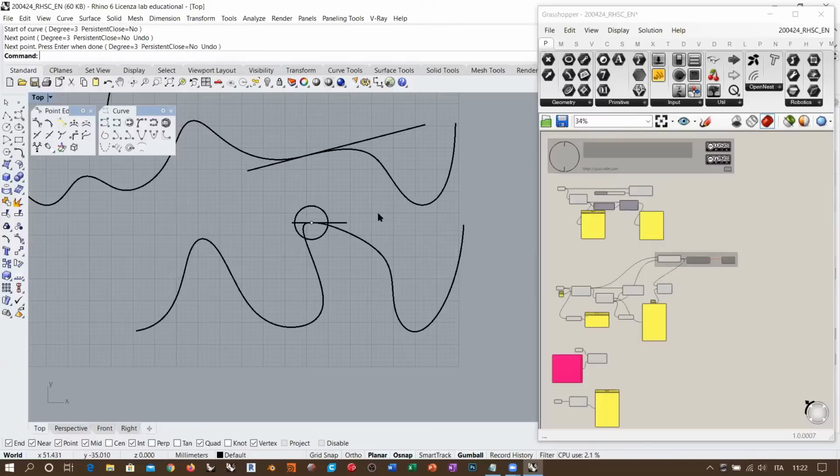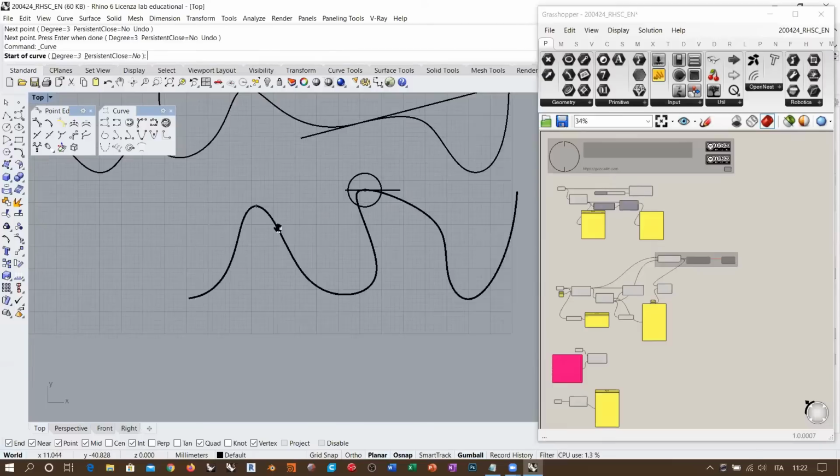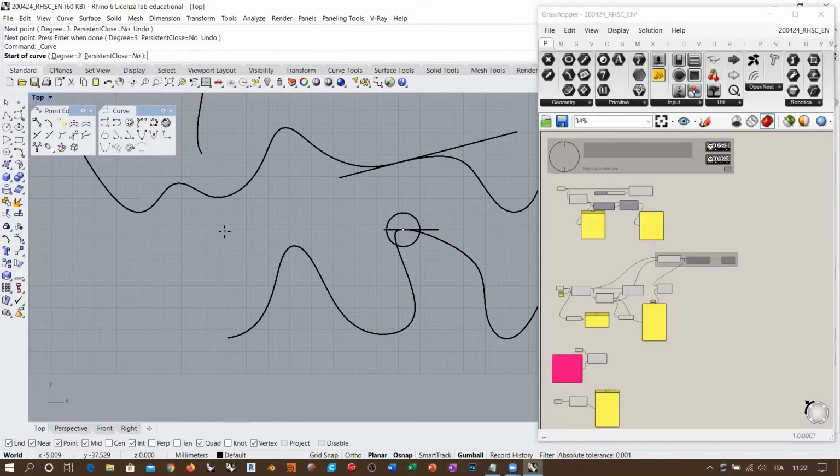Okay, so the last thing that we must define, for example, with a NURBS curve is how can we define a straight segment using a control point curve. Now, of course, we can lower the degree, right? But I'm not talking about a polyline.